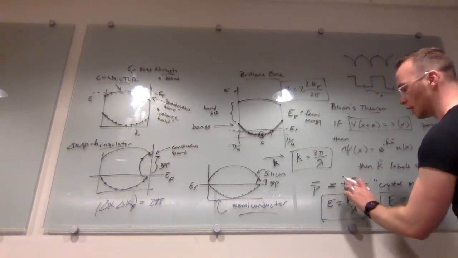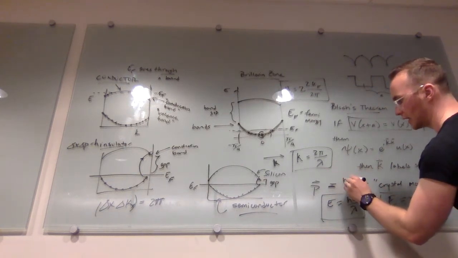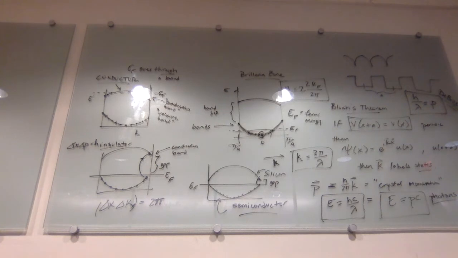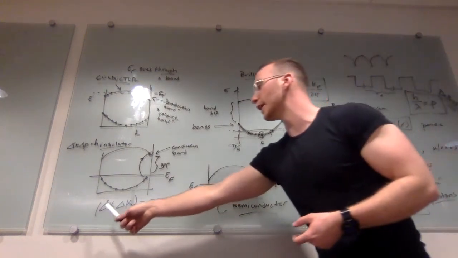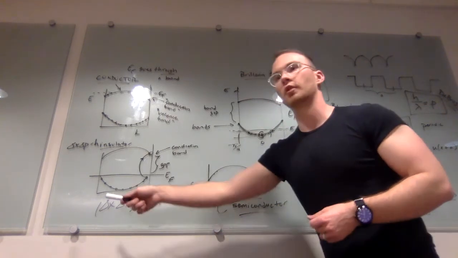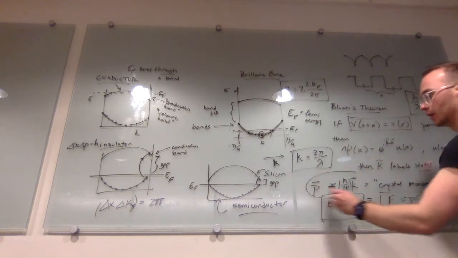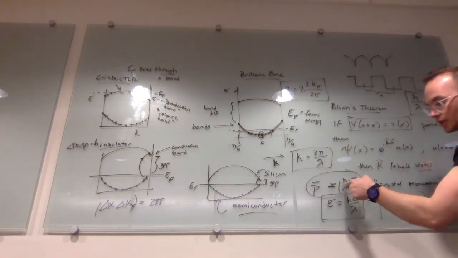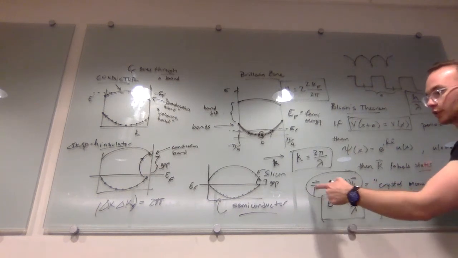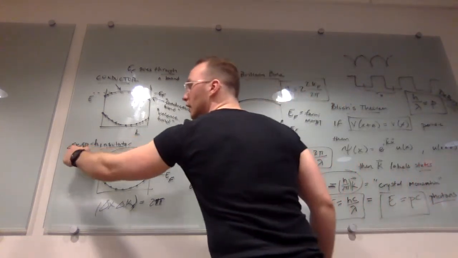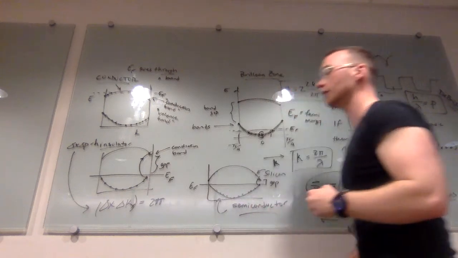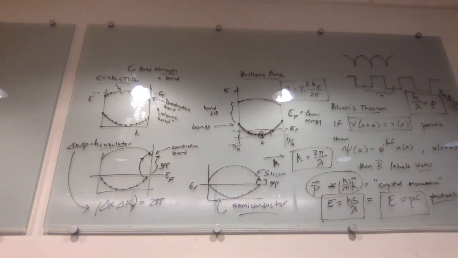So I could write this as h over 2 pi, and then you'll see that of course everything cancels except for 2 pi. When I did it before, I filled in delta x equals a, but the problem doesn't want you to fill in delta x, so don't fill that in. Essentially it's this, just put deltas here. This doesn't have a delta, so delta k is delta p, and then plug that into the uncertainty principle and you'll get this for 1 dimension, and of course they all just apply to all the dimensions.